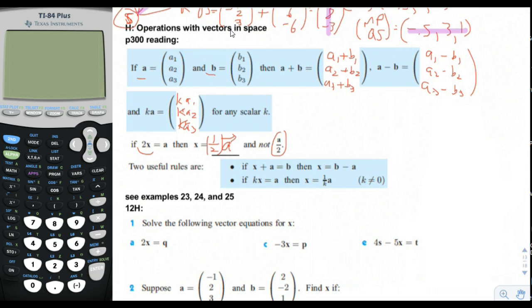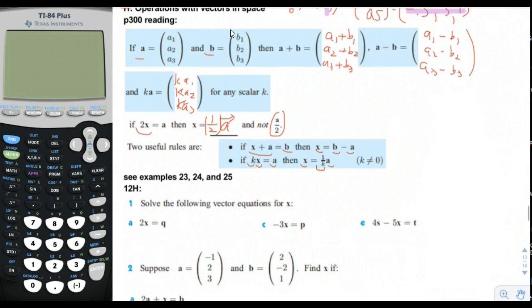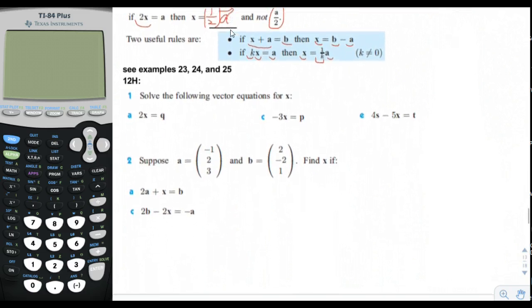Two useful rules: if vector x plus vector a equals vector b, then vector x is equal to vector b minus vector a. That's very similar to the algebra rule using regular numbers. If scalar k times vector x is equal to a, then vector x is equal to the scalar 1 over k times the vector a. These might seem obvious.